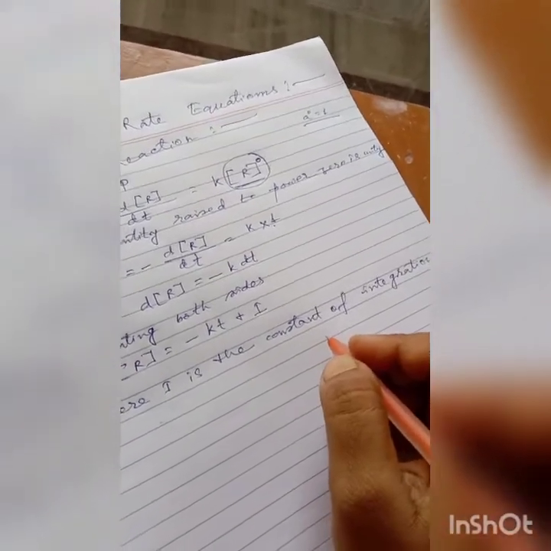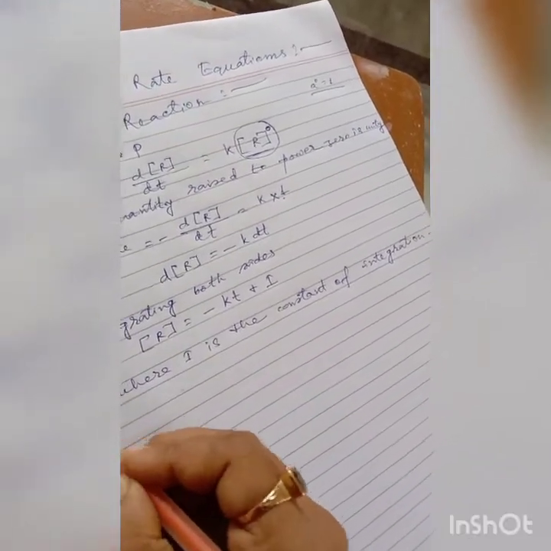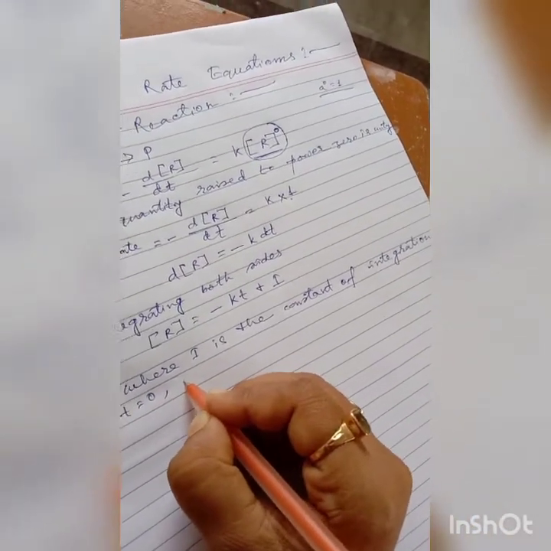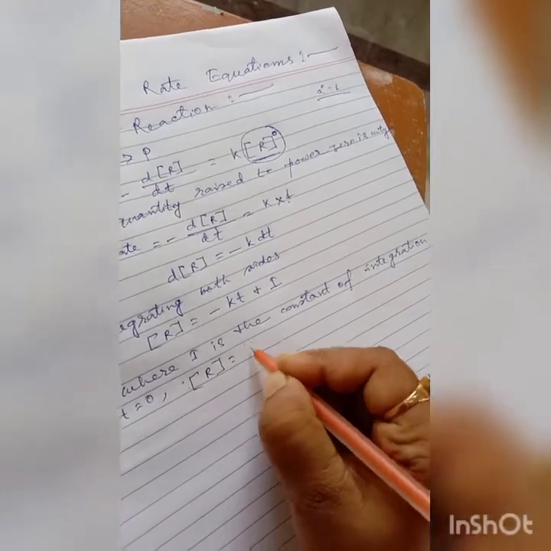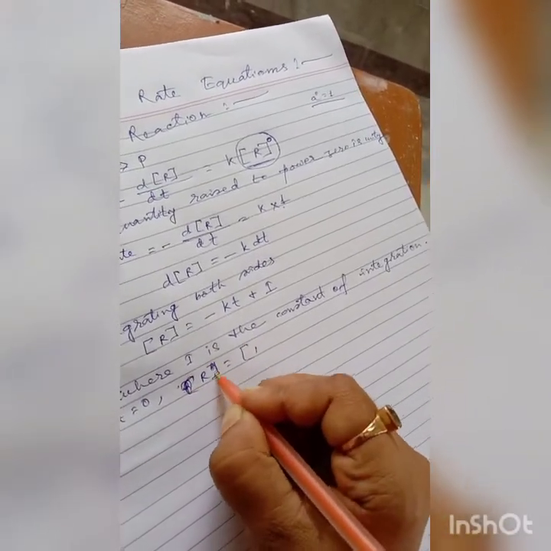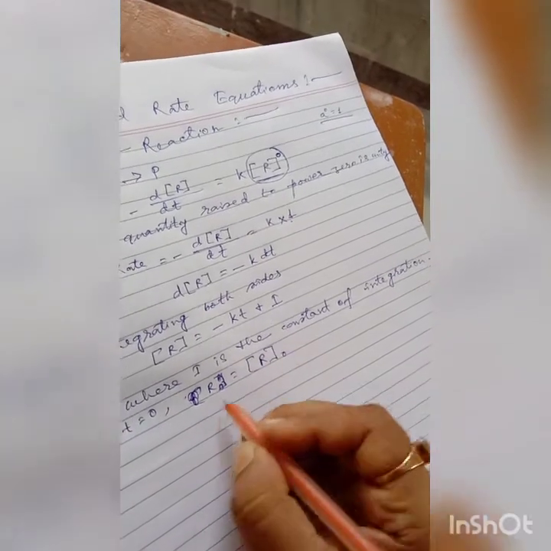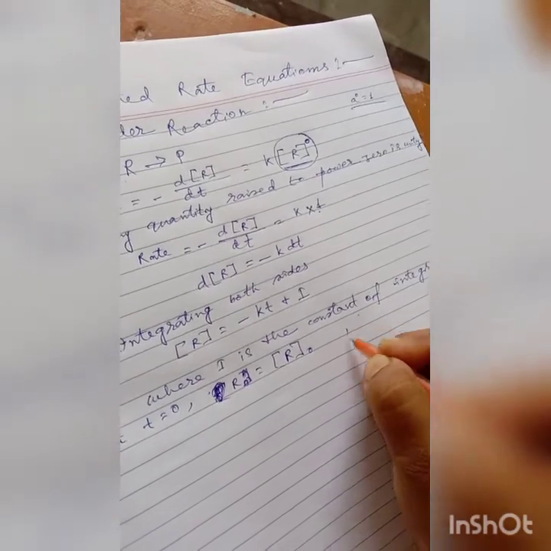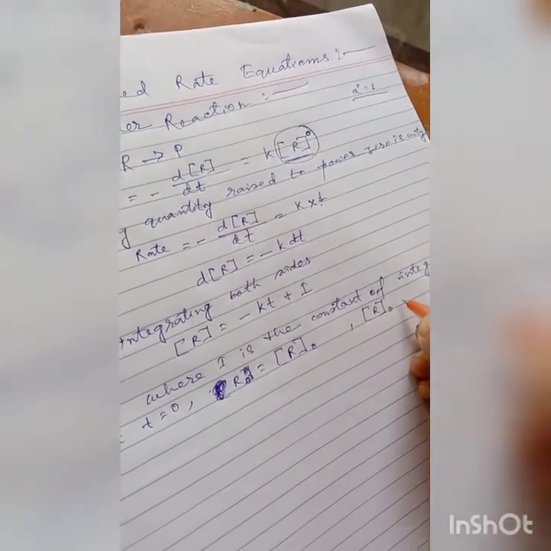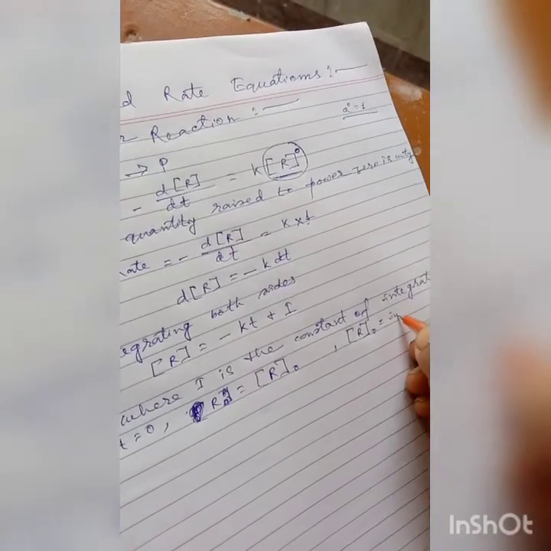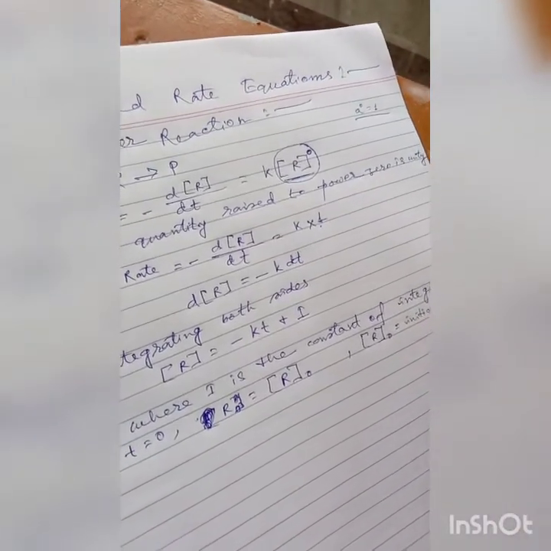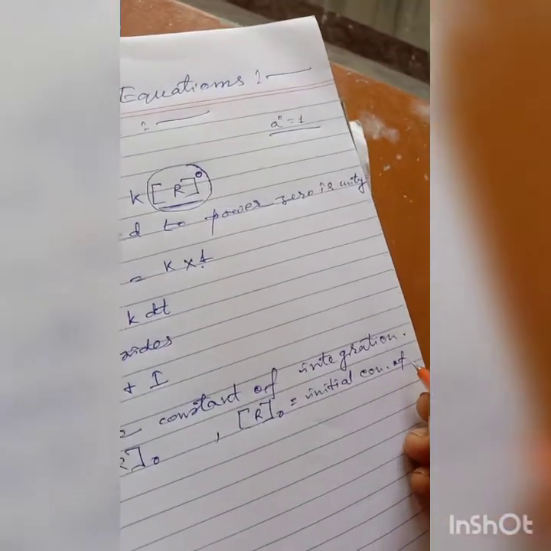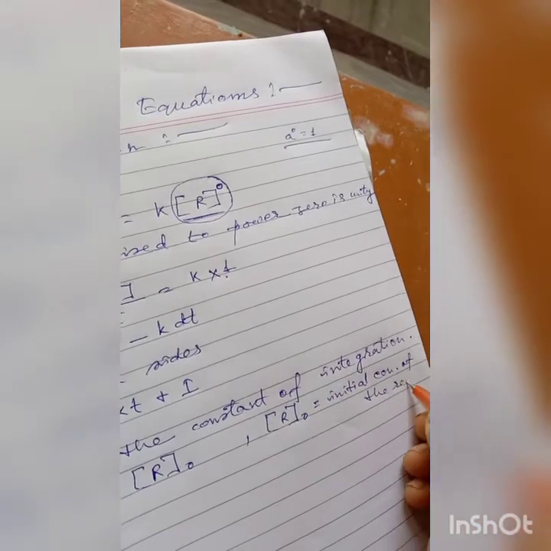At t equal to 0, the concentration of the reactant, that is R, equals R0, where R0 is the initial concentration of the reactant.